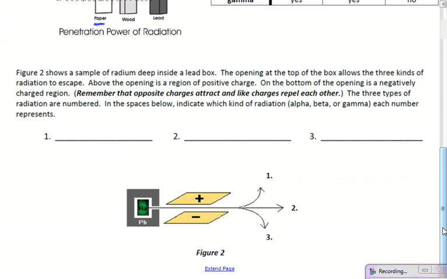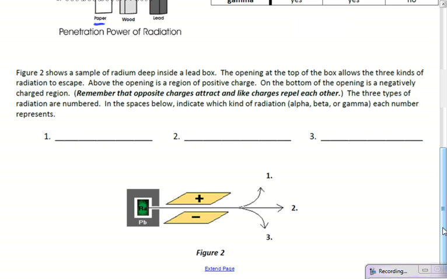On the bottom, you have a sample of radium inside of a lead box, and the opening allows 3 kinds of radiation to escape. Above the opening is a region of positive space, so you have a field with positive force up above. And on the bottom of the opening is a negatively charged region. Remember that opposite charges attract and like charges repel.